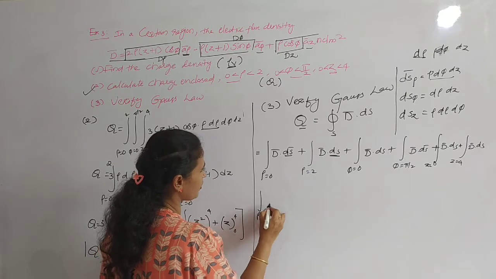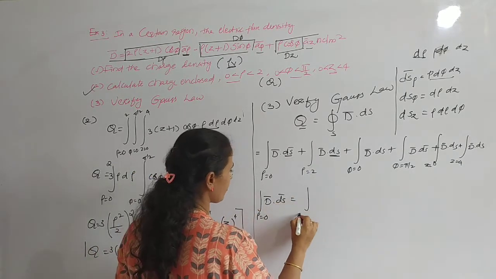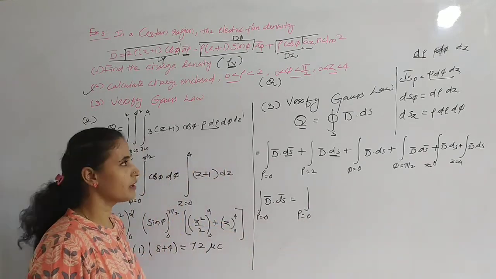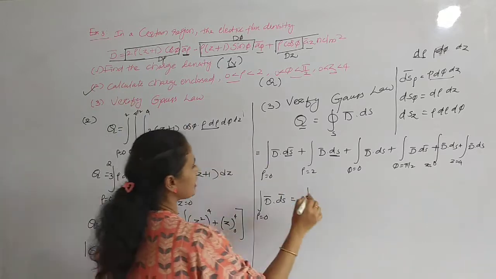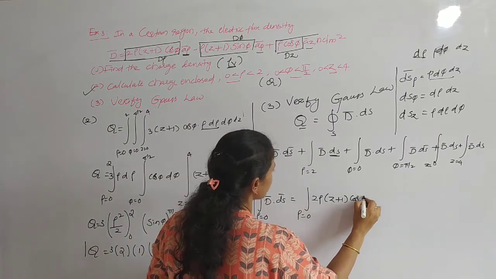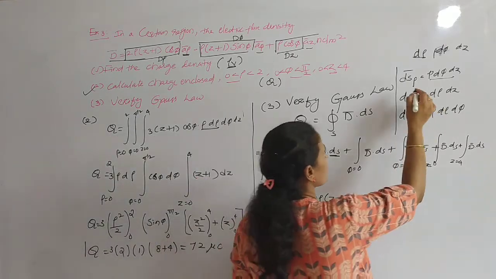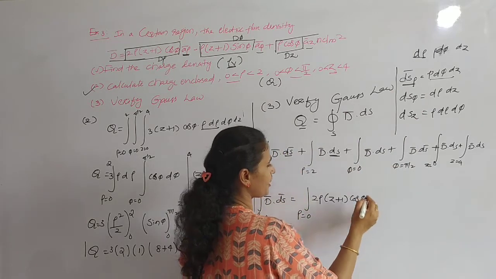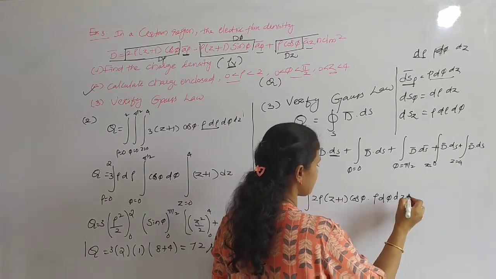Integration at rho equal to 0 of D dot dS. What the D term is: only the rho term I am going to write, which is 2 rho z plus 1 cos phi, since it is a rho term. The differential surface area normal to rho is rho d phi dz.